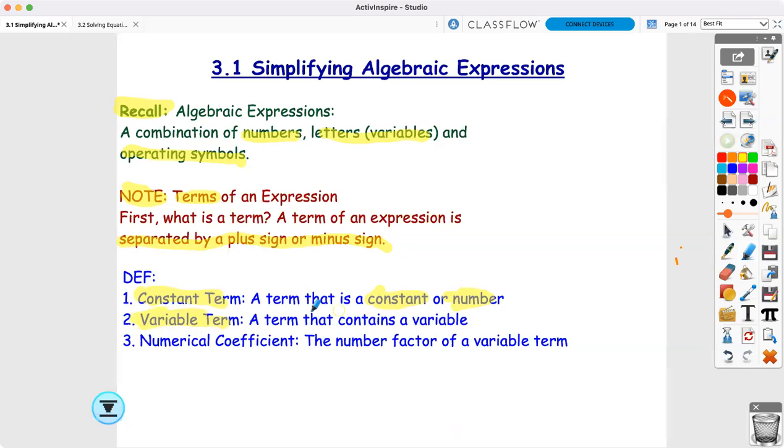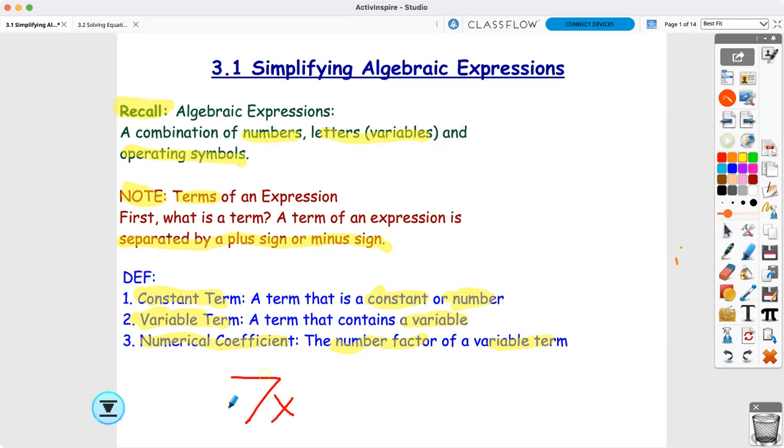A variable term is a term that has a variable, and a variable is typically a letter. Now, the numerical coefficient, guys, the third definition, is the number factor of a variable term. You're probably wondering, what's the number factor, sir? Well, for example, 7x. This is a variable term, right?